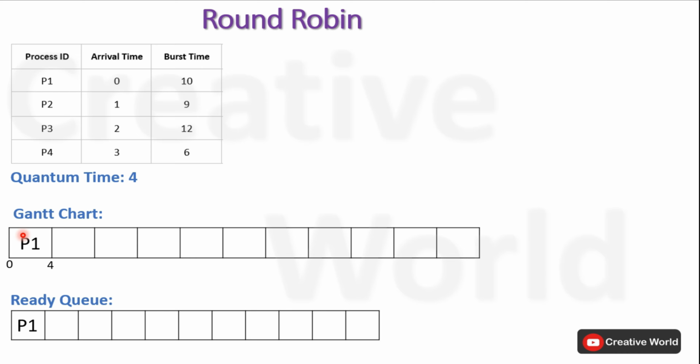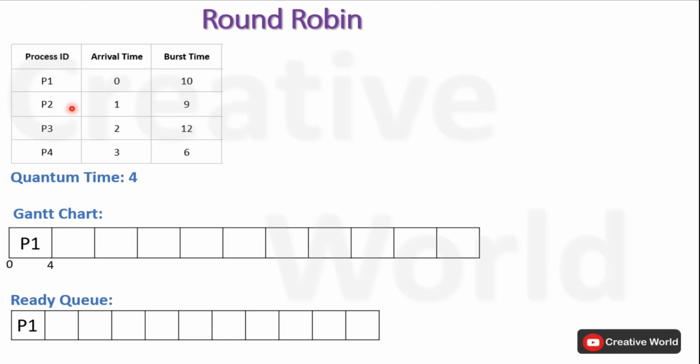So after the execution of process P1 for 4 times, now the current time of CPU is 4, and at this time 3 other processes have also arrived, at times 1, 2 and 3. So during the execution of P1, we can say that 3 other processes also arrived in this sequence.